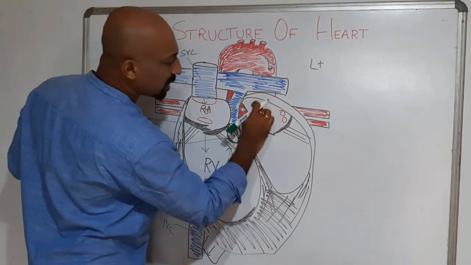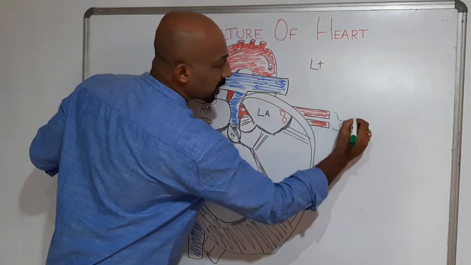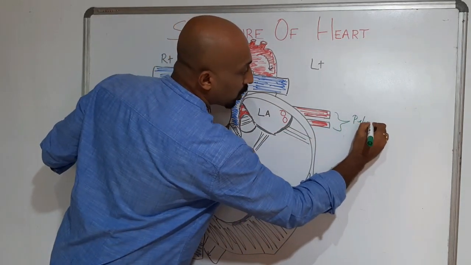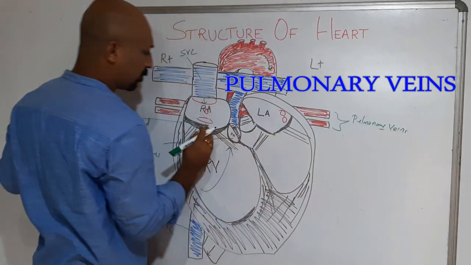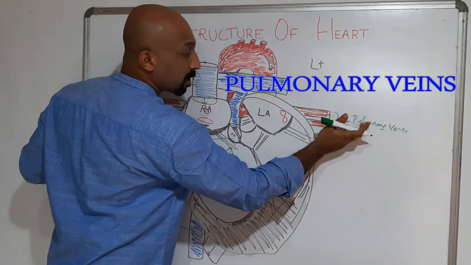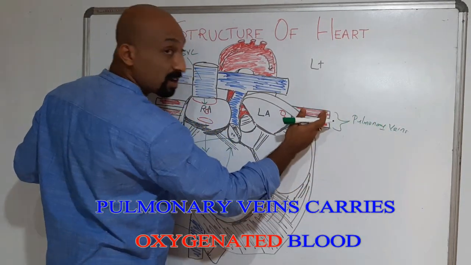So oxygenated blood comes through the pulmonary veins. Please make sure of this: pulmonary veins are the only veins in the human body which carry oxygenated blood.